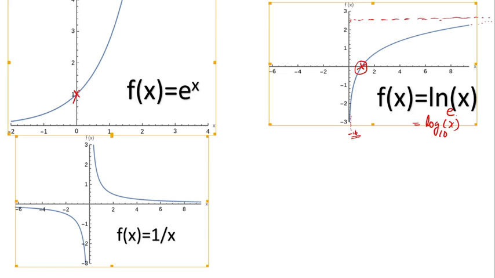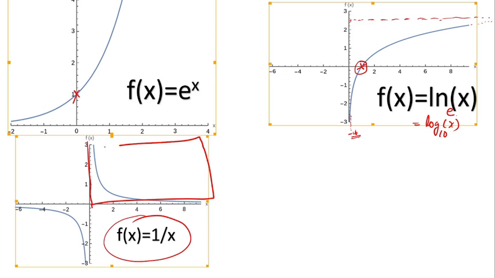The next function, which is of extreme importance in physics, especially when you study gravitational potential or electrostatic potential, is the 1 by x function. Usually, physics people will be concerned only with the first quadrant, but the shape of this curve actually looks like this, and this is called a hyperbola.